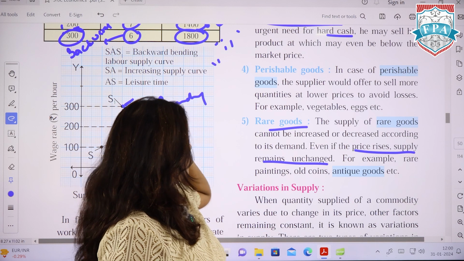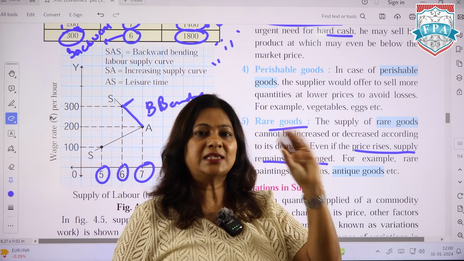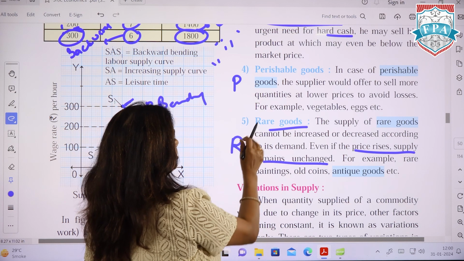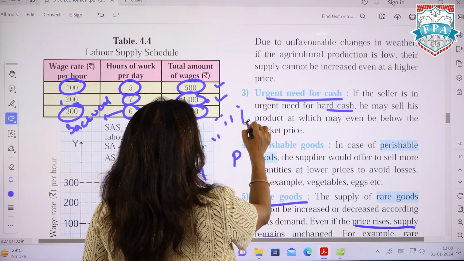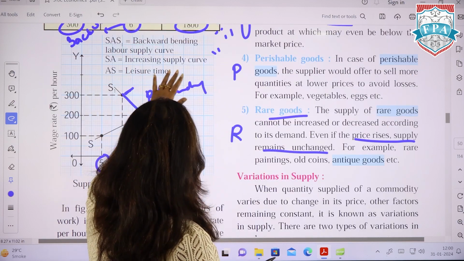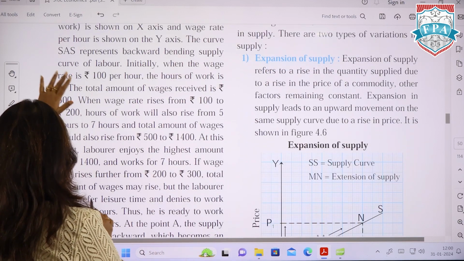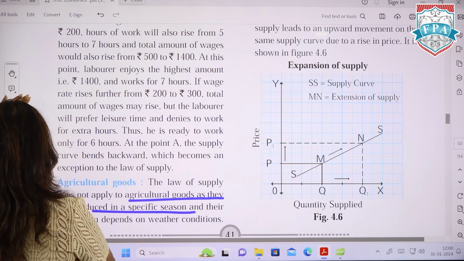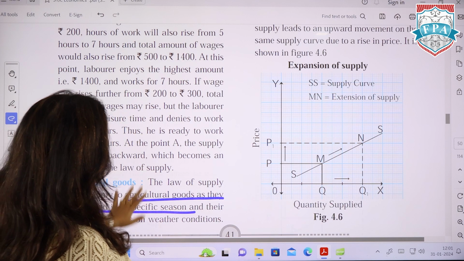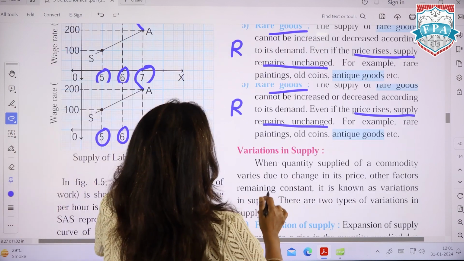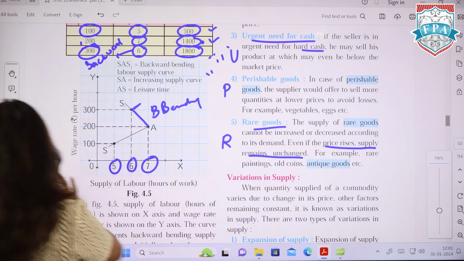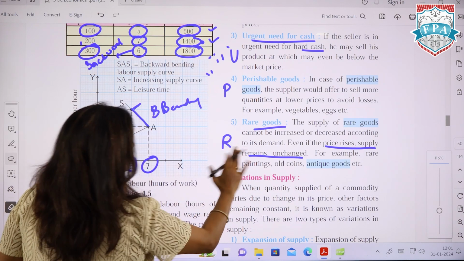So guys, what are the 5 exceptions? Perishable का P, rare goods का R, urgent need for cash का U, agricultural products का A, and labor. Yes or no? So can we make some word out of it? So we have got an L, we have got an A, we have got a U. So can I write it down? Can I rub the board a little bit?